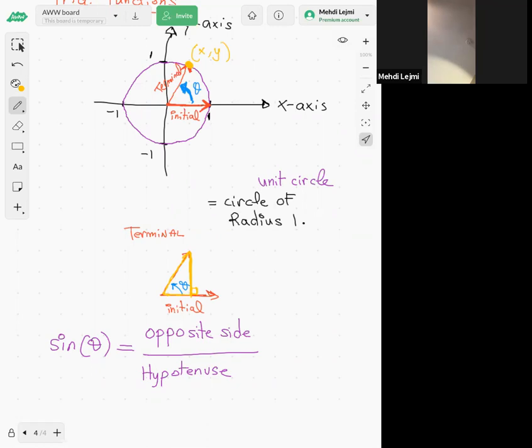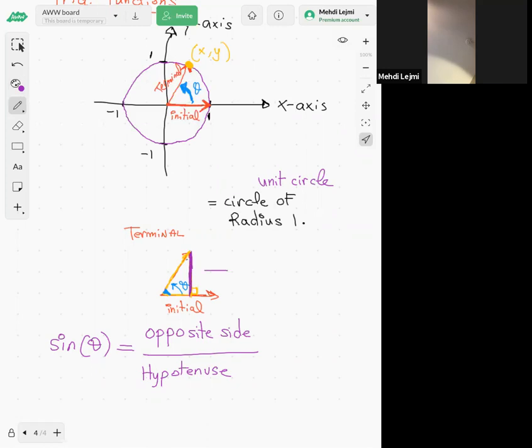So what would be the opposite side to the angle theta? This is my angle theta, right? So the opposite side to theta would be this side here. This is the opposite side to the angle theta.